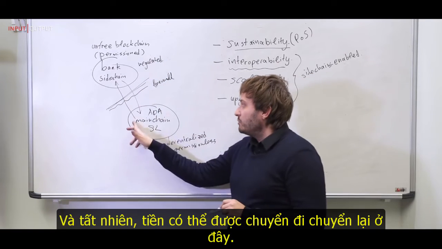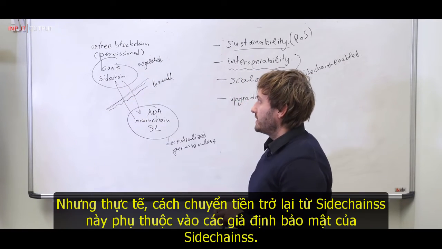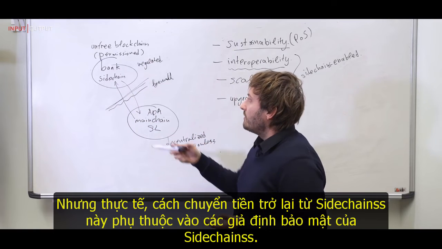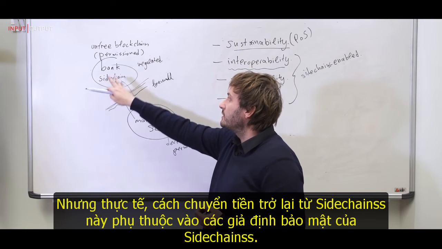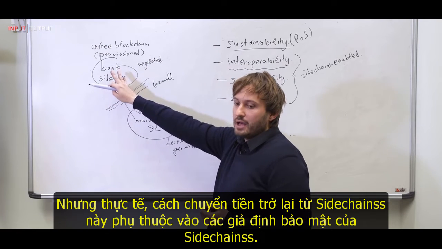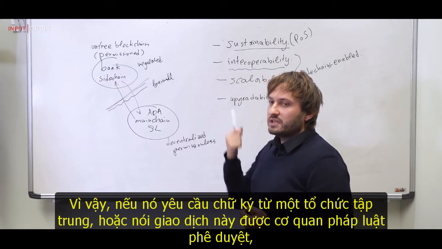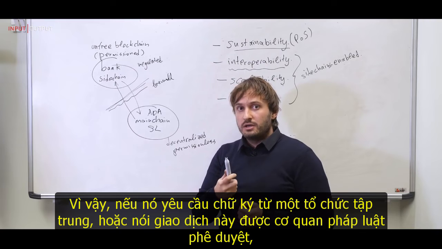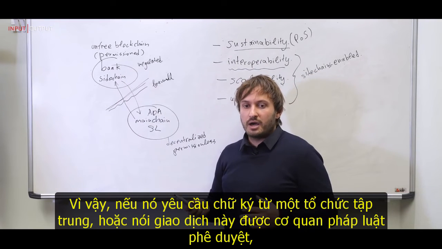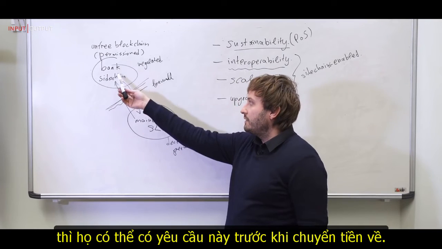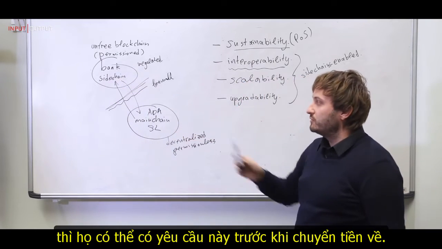And of course, money can be moved back and forth here, but the rules of how to move money back from this sidechain is really up to the security assumptions that this sidechain has. So if it requires a signature from a central party to say that, oh, this transaction has been approved by a legal authority, then they can have this requirement before moving money back.